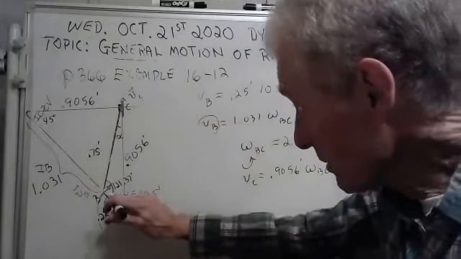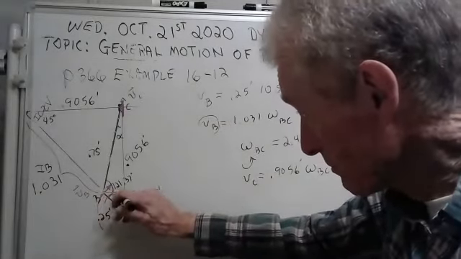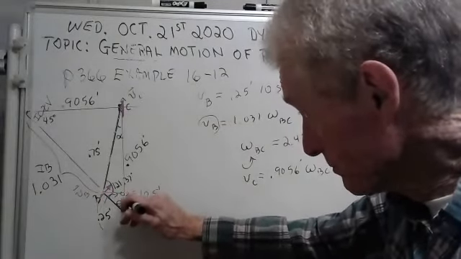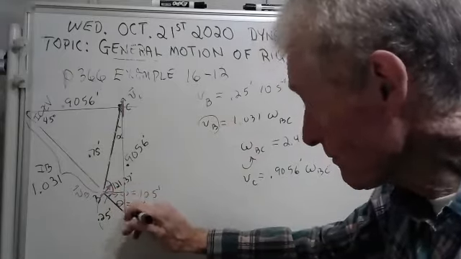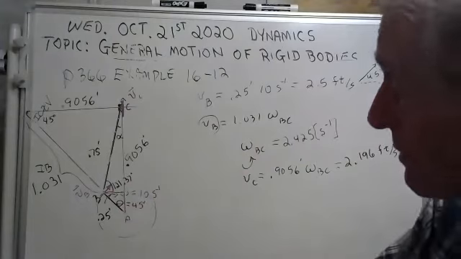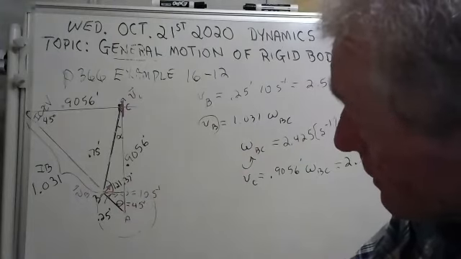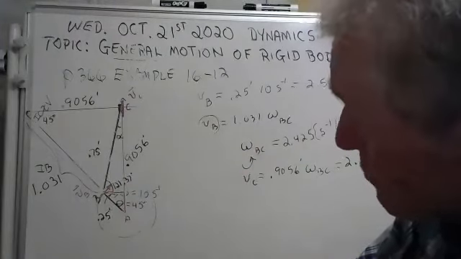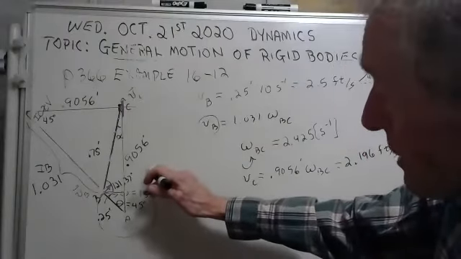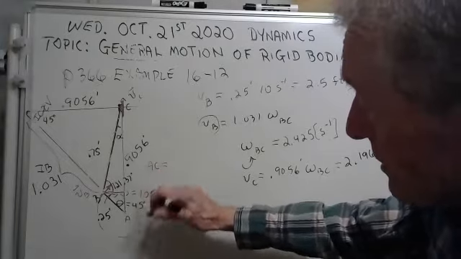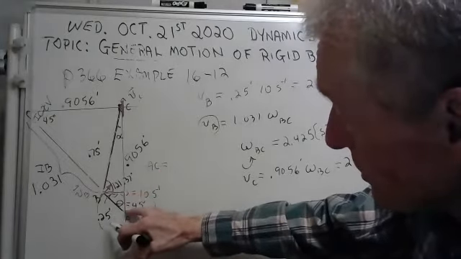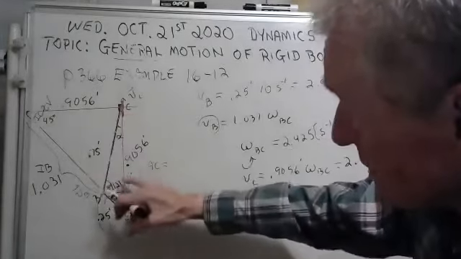We're going to make a little triangle down here. See that little triangle? And here's my plan. The distance from A to C is going to equal this little distance here plus that distance there.